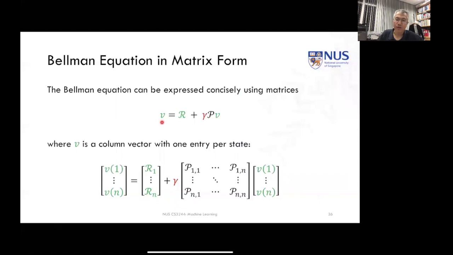Okay, so we can express it directly by saying something like this. I have a vector v, which is going over all particular states, so it's a column vector, and it's going to be equal to the rewards, which are also a column vector for being in that particular state.